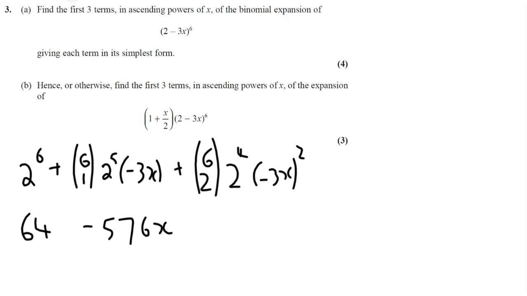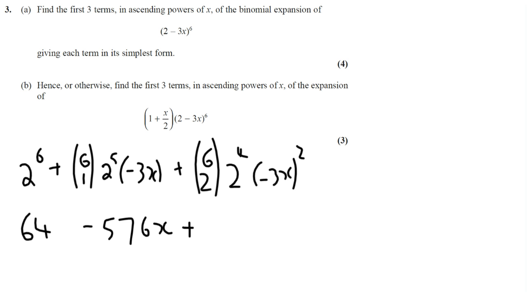And then for our final term, we just work out 6 choose 2, we multiply by 2 to the power of 4, and then we multiply by (minus 3x) all squared. Make sure that's in the bracket there, because otherwise if you just leave that as minus 3x squared without the bracket, the calculator will square the x, but you're not squaring the minus 3, so you have a negative when you want a positive.